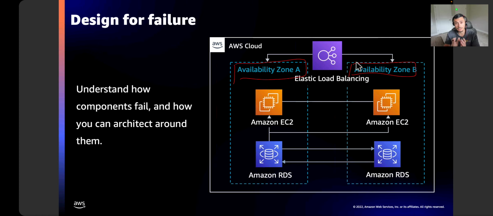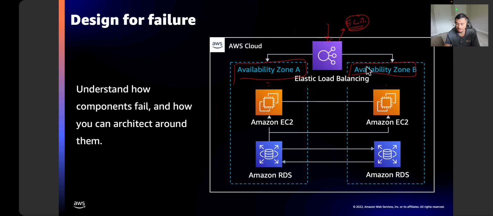But because we're distributing requests that are coming in to our ELB, that's our Elastic Load Balancer, and an ELB, first of all, can detect whether any of its targets are unhealthy or unresponsive, right? So it does those instance level health checks.